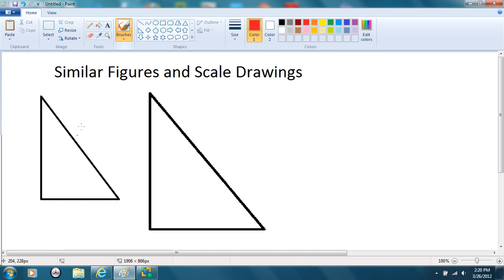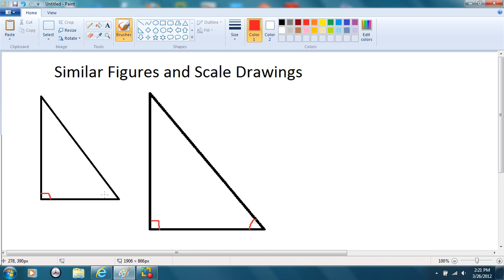If I look at this, this is a right angle here and a right angle here. We haven't measured it, but I'm saying it is. By the way, similar figures, similar triangles do not need to be right triangles, but that's the one I used here. Those two angles need to be equal.